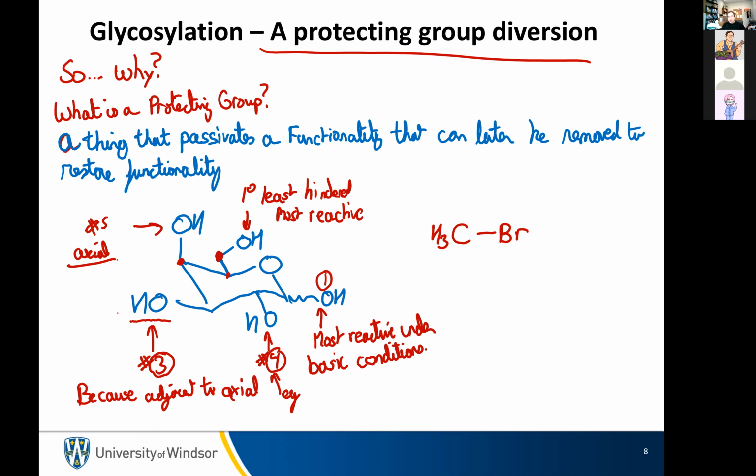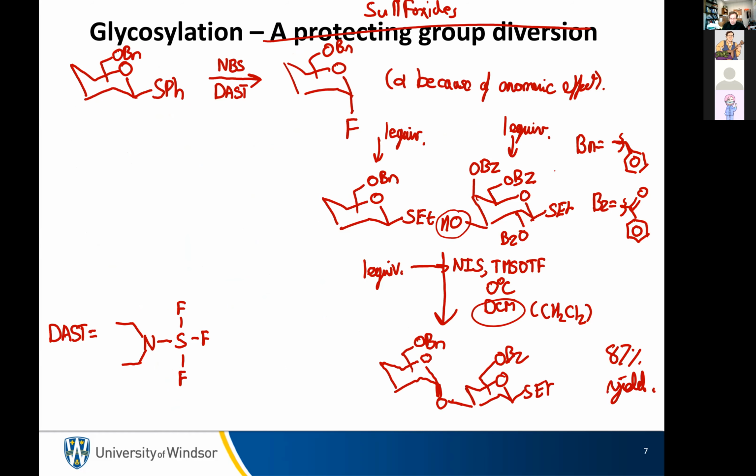So that's why we need protecting groups, because we need to mask a lot of these OHs, keep the OH we want available, let it do its chemistry, and then remove the protecting groups on the other OHs. And we saw that in the last example, where the C3 position is an OH, and everything else is protected.